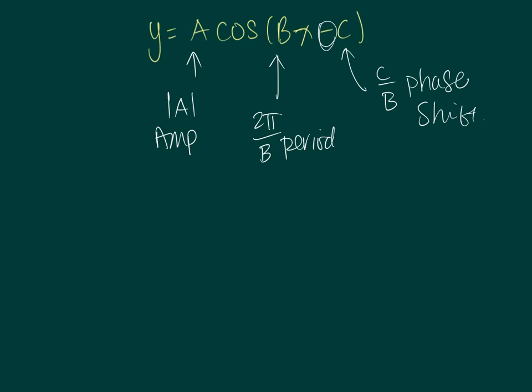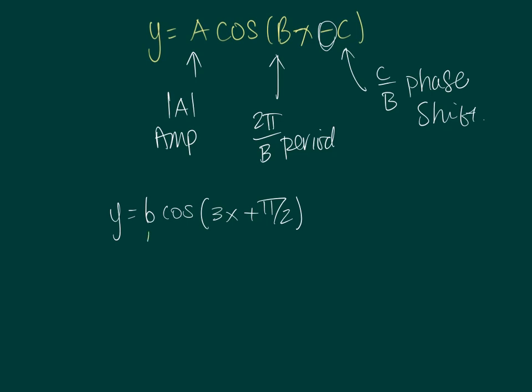So what I want you to know from this is if we were to have the function y is equal to 6 cosine of 3x plus pi over 2, I'd want you to be able to tell me exactly what the amplitude, period, and phase shift would be for these.